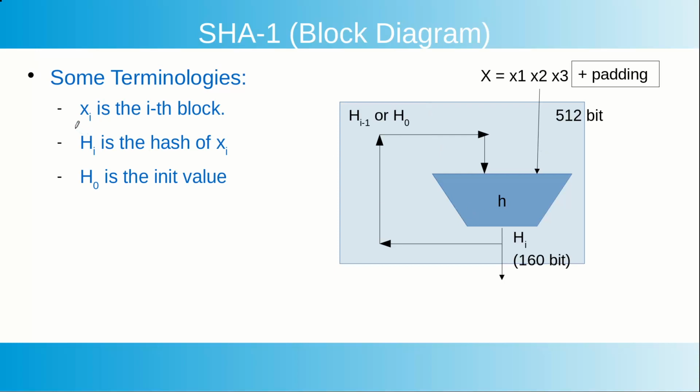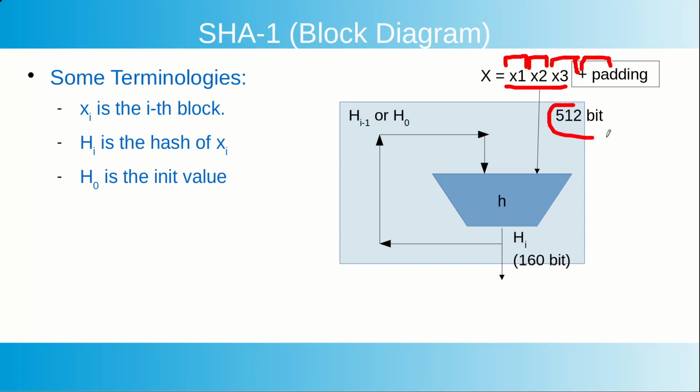Now, a little bit of terminology that I would like to tell you: whenever there is a plain text, first of all I will use some sort of padding at the end after this plain text. What is the purpose of this padding and why this padding is needed, we will discuss just after a moment. And then in case of SHA-1, we will break this entire text into small blocks in that way.